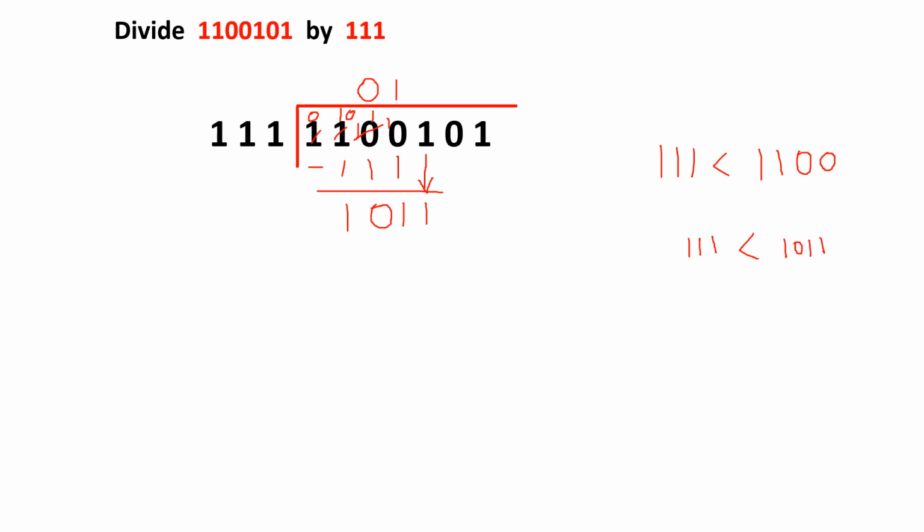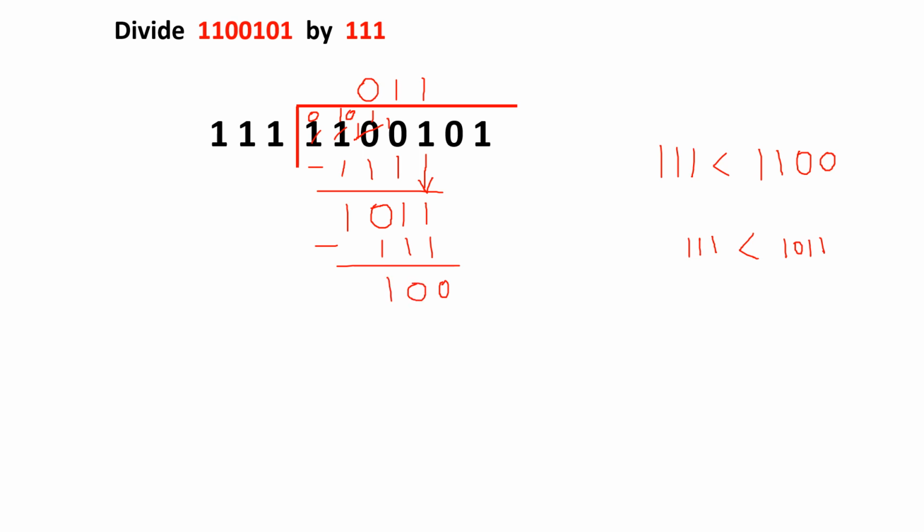So we can put a 1 in the quotient part, and 1 into 111 you get 111. Now you do the subtraction. So when you subtract, you get 001.